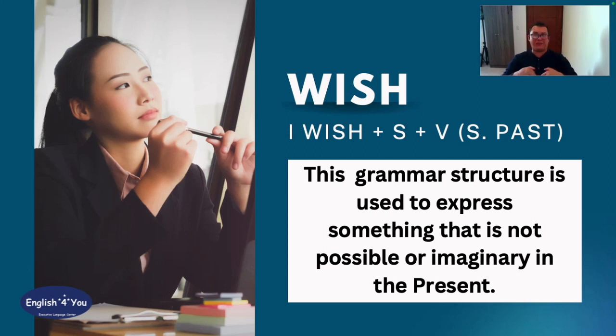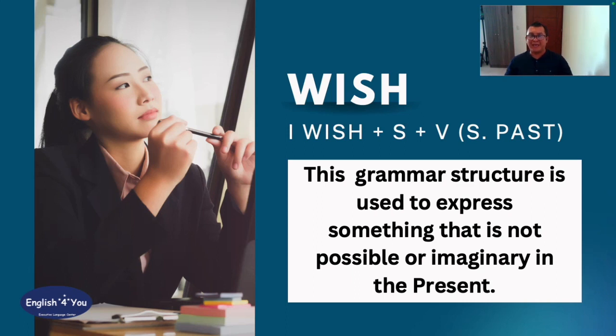The expression I wish, as I said, is used to express something that's not possible, something that's imaginary in the present, or something that you hope happens now in the present, but for some reason, this action is not possible, or this action is just in your imagination.